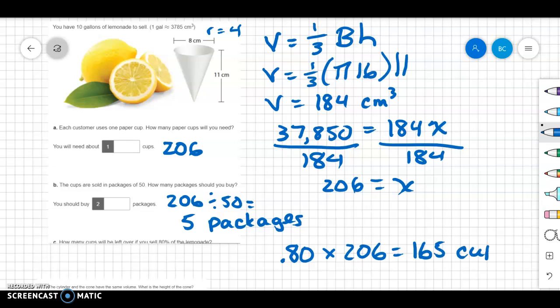Again, each time here I'm just rounding to the nearest whole number. And if I bought 5 packages of cups, I would have bought 250 cups. So I'm going to subtract 165 away from 250, and I'm left with 85 cups left over for the next time I want to make lemonade.